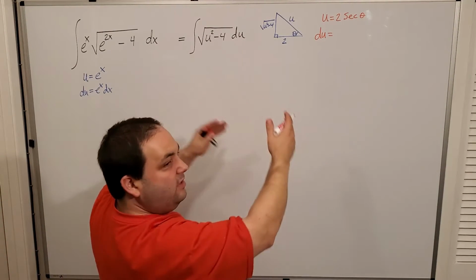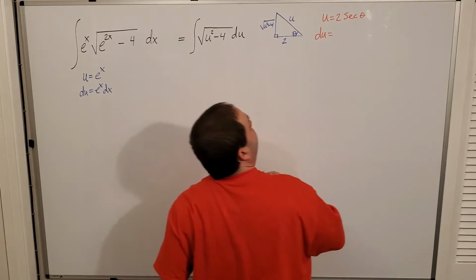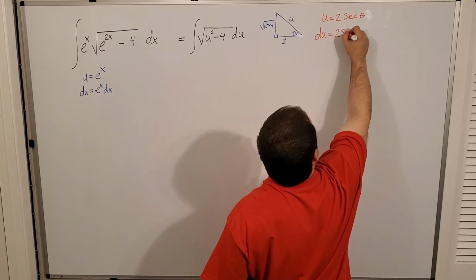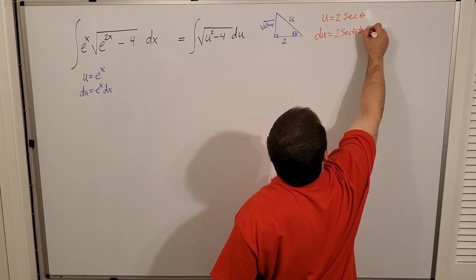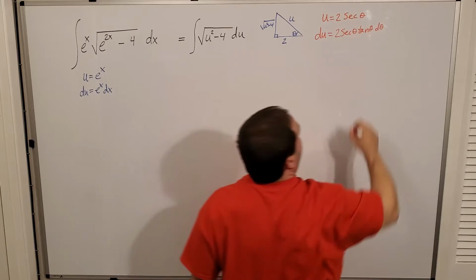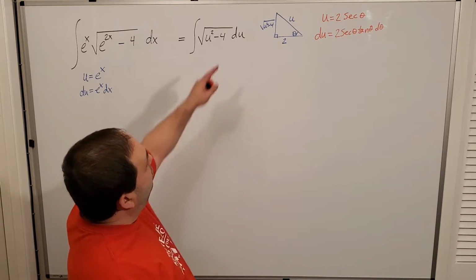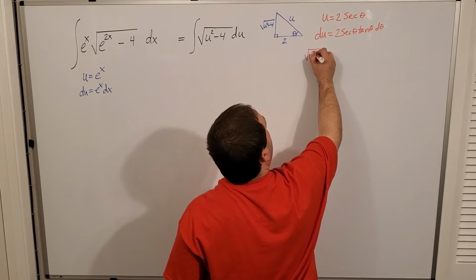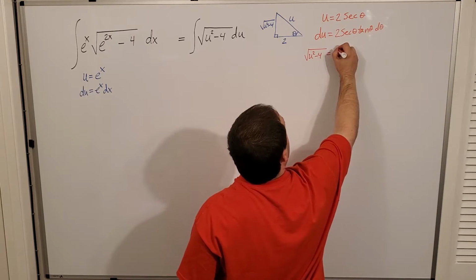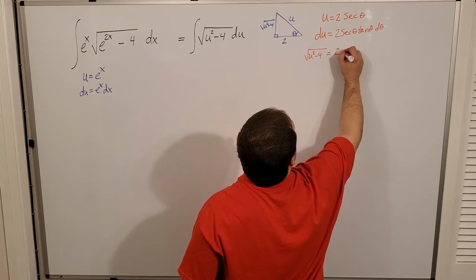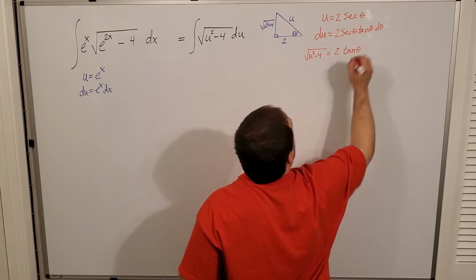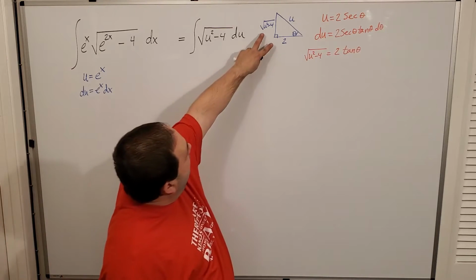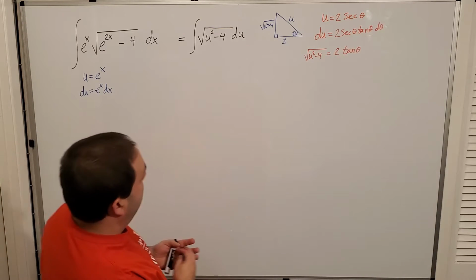But it's nice to see the structure. du is then 2 secant theta tangent theta d theta. And the square root of u^2 minus 4 would be equal to 2 tangent theta, from the opposite over adjacent there.